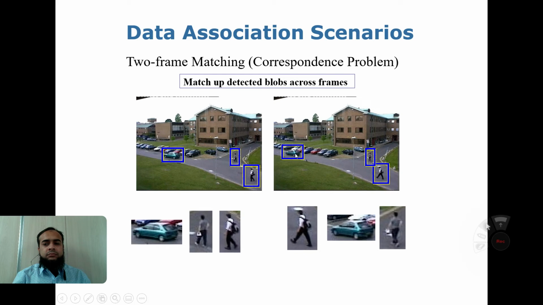So data association matches the two-frame correspondence, and here another person is matched like this one. So this car and the two people going around. So match up detected blobs across the frames.